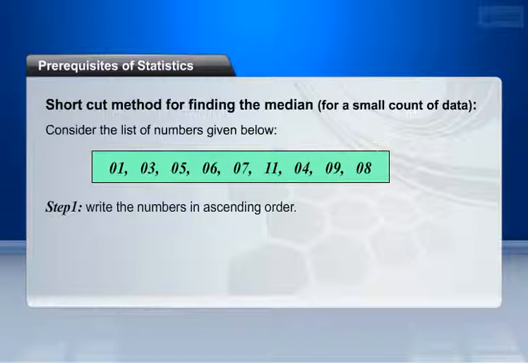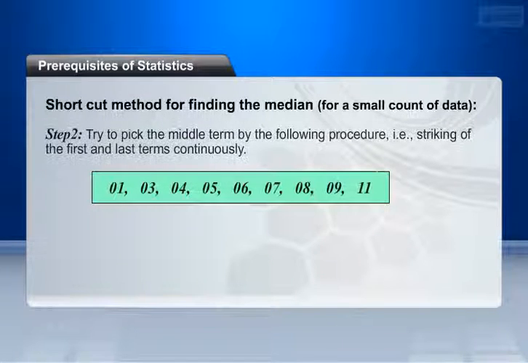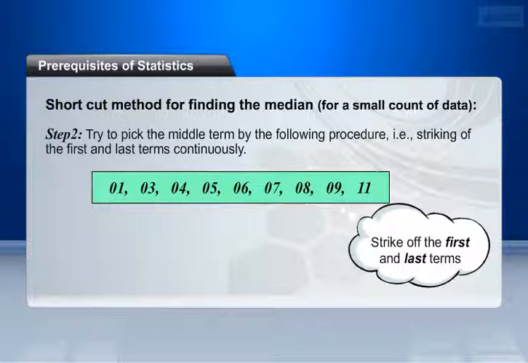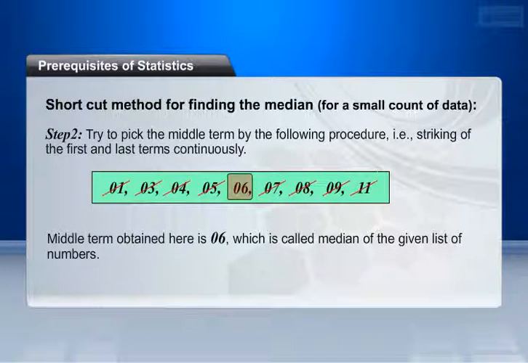Write the numbers in ascending order. 1, 3, 4, 5, 6, 7, 8, 9, 11. Step 2. Try to pick the middle term by the following procedure, that is, striking off the first and last terms continuously. Here strike off the first and last terms. Then the middle term obtained here is 6, which is called the median of the given list of numbers.